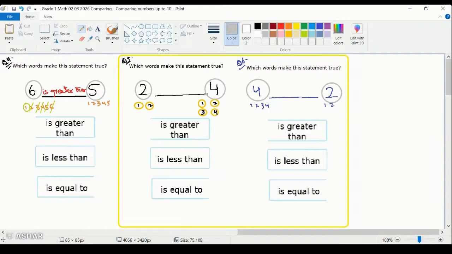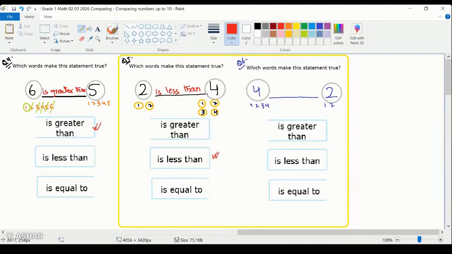So which statement would be true for question number 5? 2 is less, right? 2 is a smaller number. Agreed? So we can say 2 is less than 4, right? 2 was less than 4.